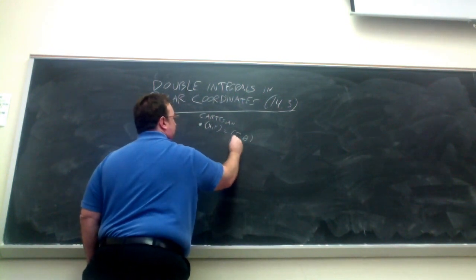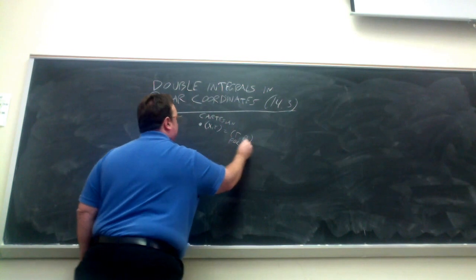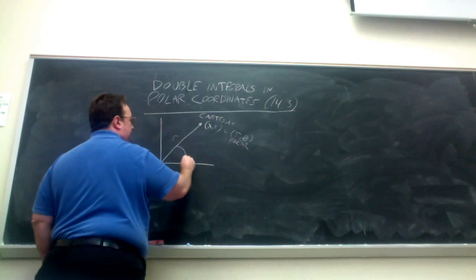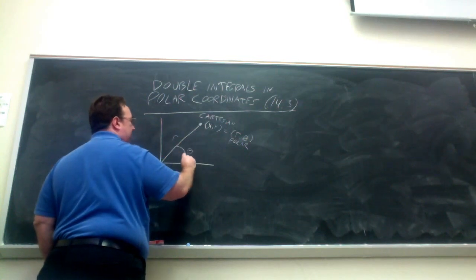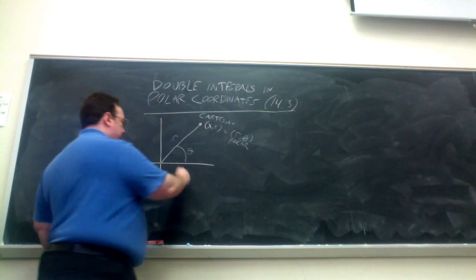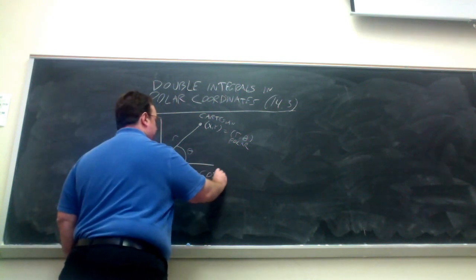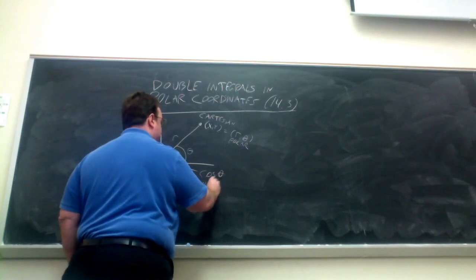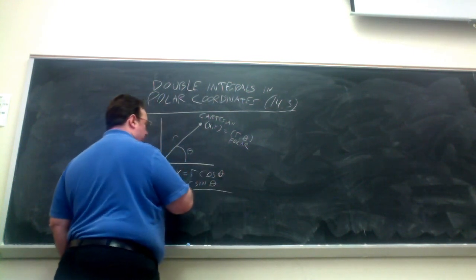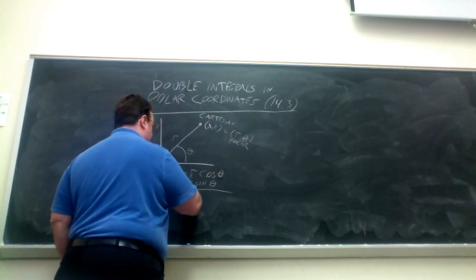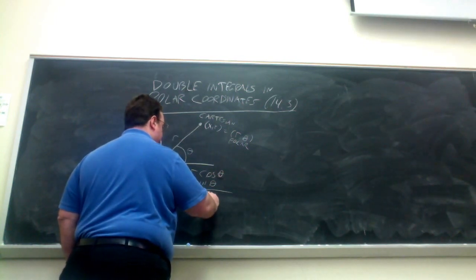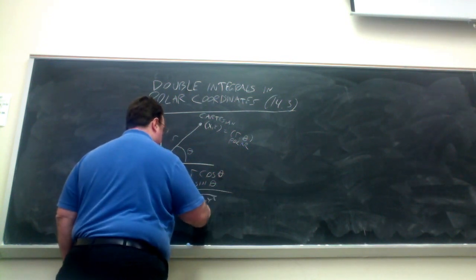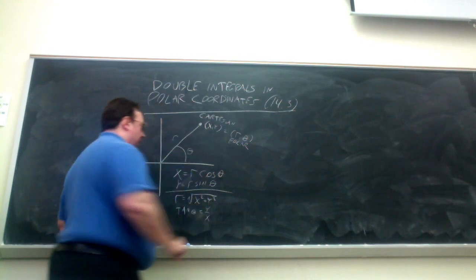It can also be expressed in polar coordinates r and theta, where the distance from the origin is your r, and the angle the point makes from the positive x-axis is theta. We have the conversion, x equals r cosine theta, y equals r sine theta, and going the other way, r is the square root of x squared plus y squared, and tangent theta is equal to y over x.